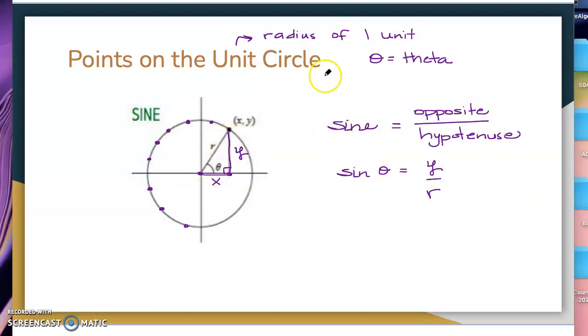Now, we're going to go back to a unit circle that my radius here is 1. So if I change or substitute r as 1, on the unit circle, all of my y coordinates are going to be equal to the sine of that angle. And remember, that's the ratio of those two side lengths together.